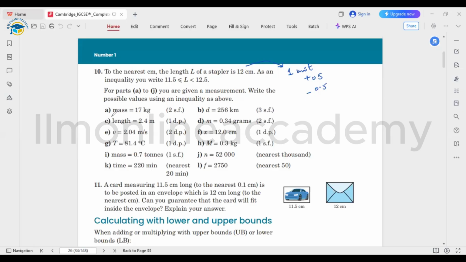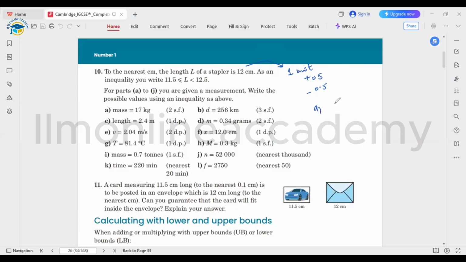In part A, they're saying the mass is 17 kilograms, and you need to write it to two significant figures. If 17 has been given, it means this is basically the 1 unit place number. So accordingly, in part number 10, part A, the 1 unit number, we need to add or subtract 0.5 from this.